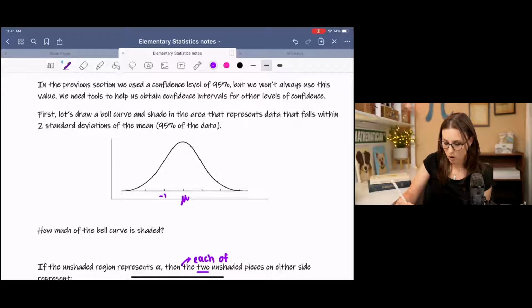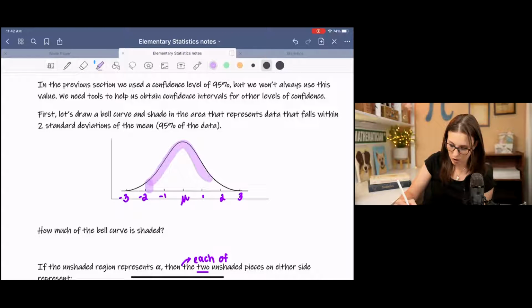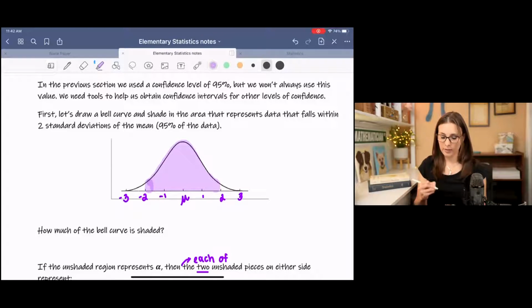This would be 1 standard deviation. This would be 2 standard deviations, 3. This is a standard normal curve. And we're wanting to shade 95%, which is 2 standard deviations. And in the last video, we used that to help us form these confidence intervals.